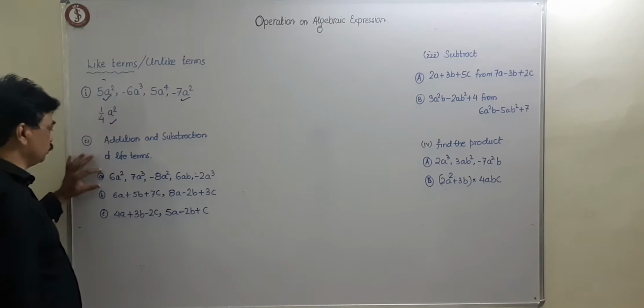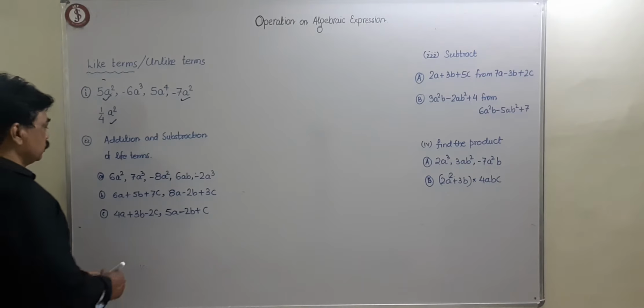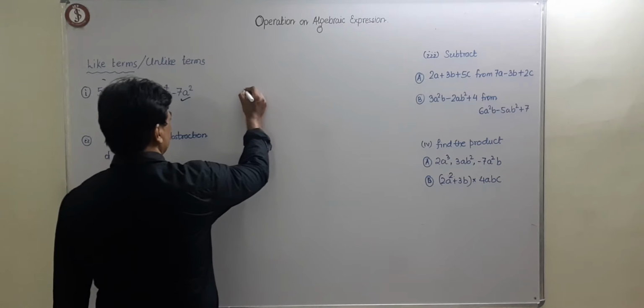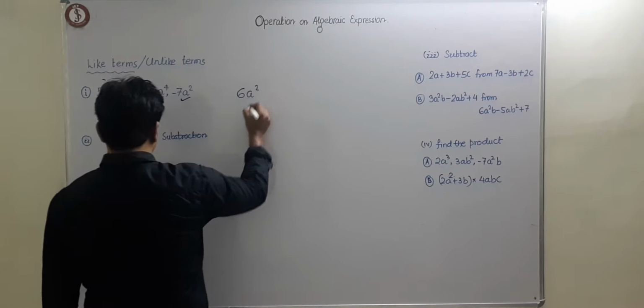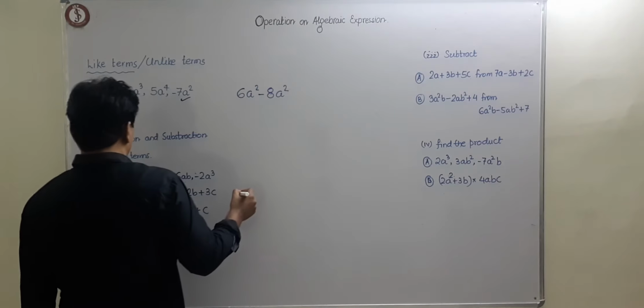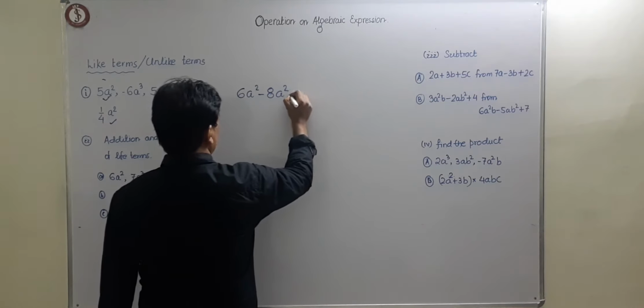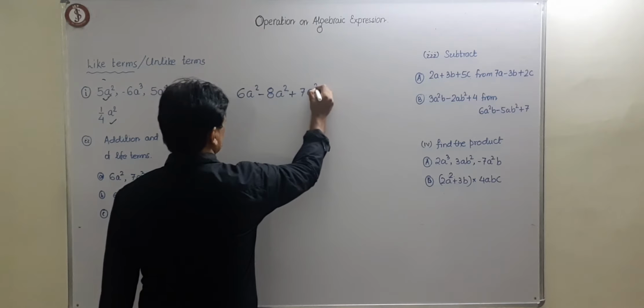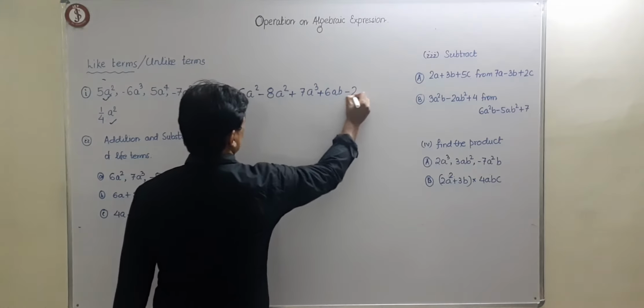So addition, suppose we have to add all these. We'll write the like terms together. 6a square, then we have minus 8a square, then we have 7, so we have to add, so we put plus, then 6ab, then minus 2a cube.